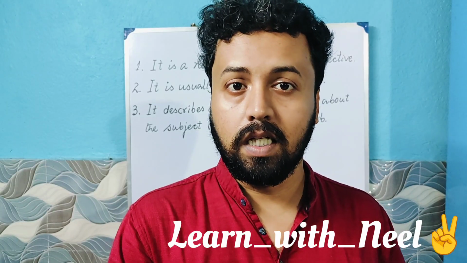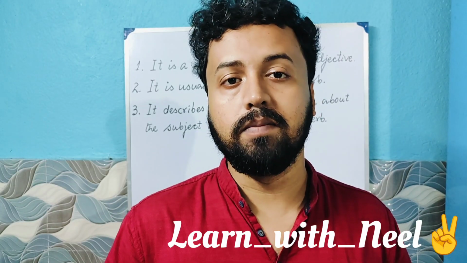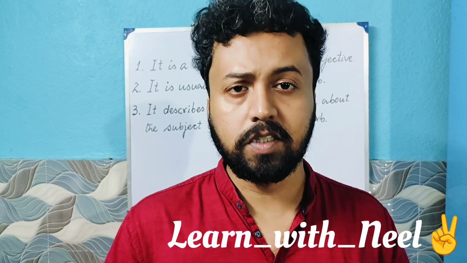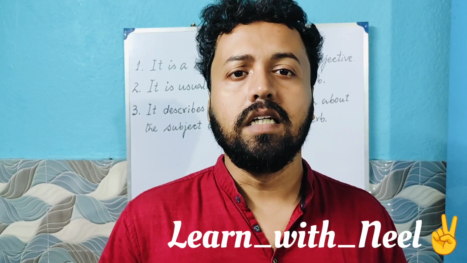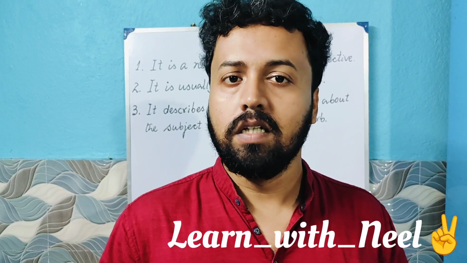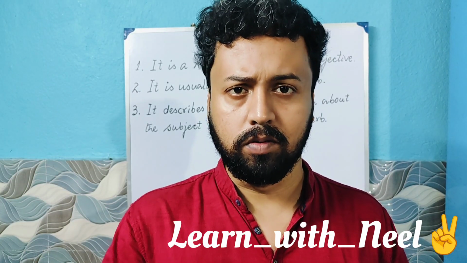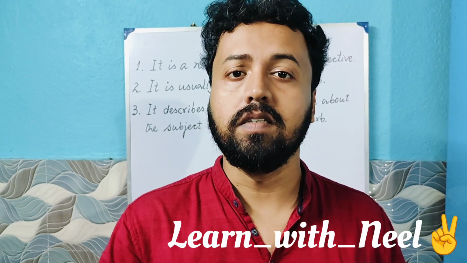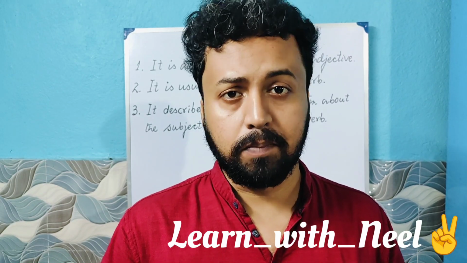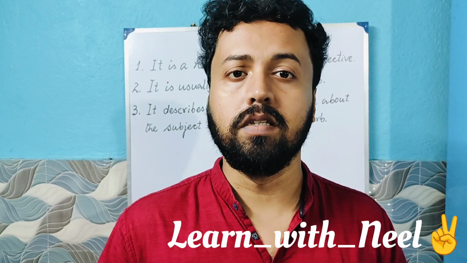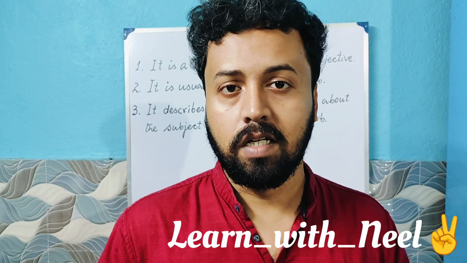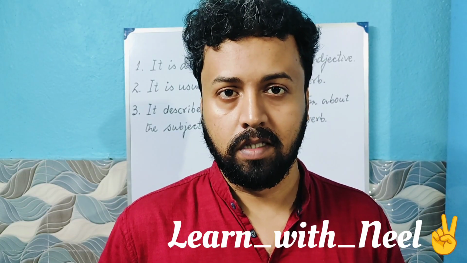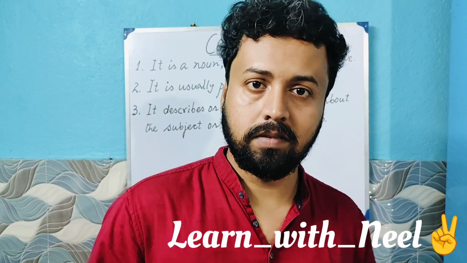A complement, if it describes a subject, is called a subject complement, and if it describes an object, it is called an object complement. So that is a no-brainer there. If a complement describes the subject, it is a subject complement. If a complement describes the object, it is an object complement. Let's learn through examples.